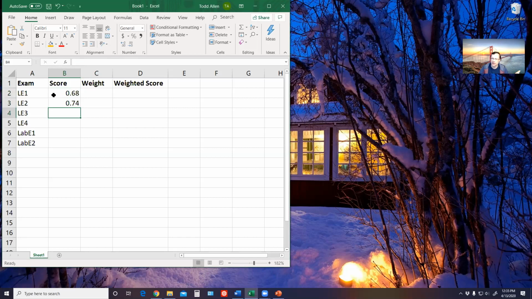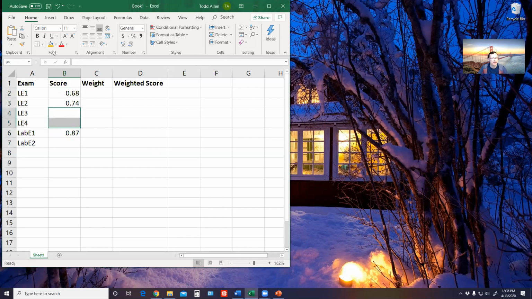Lecture exams 3 and 4 we have not done yet, so we'll come back to that. On lab exam 1, let's say you scored an 87%. Again, I'm just throwing random numbers in. You would put in the grades you actually earned on your exams.